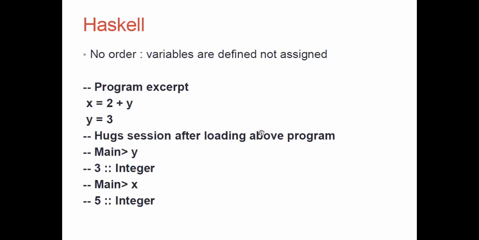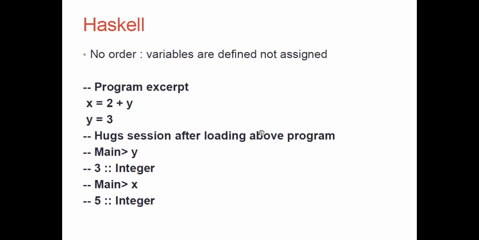Now, let's see this concept in a more powerful way. When we say no order, variables are defined but not assigned. Such as, we can say x is defined to be 2 plus y, or x is equal to 2 plus y.